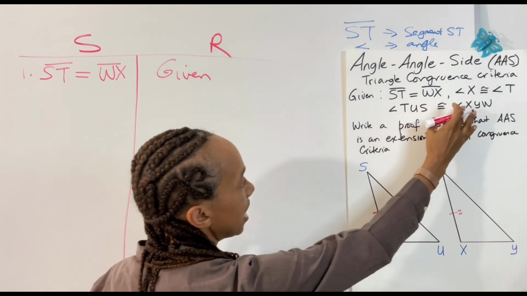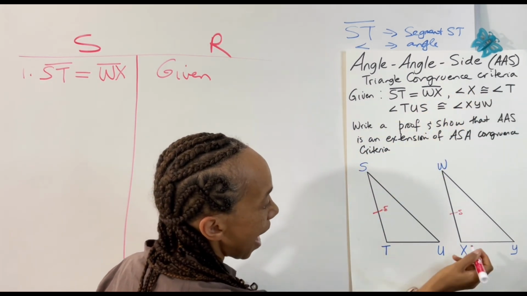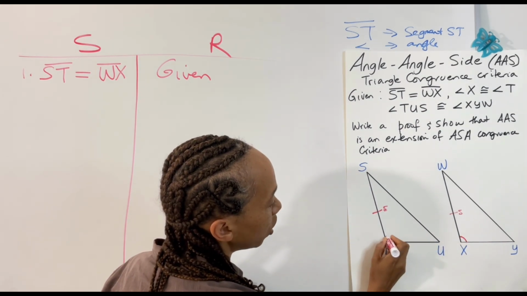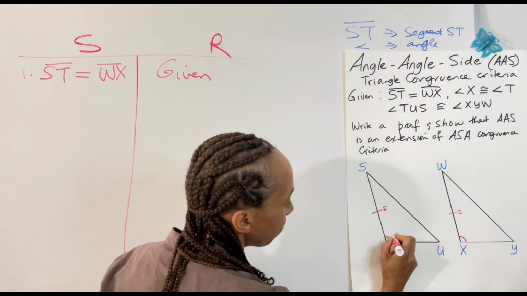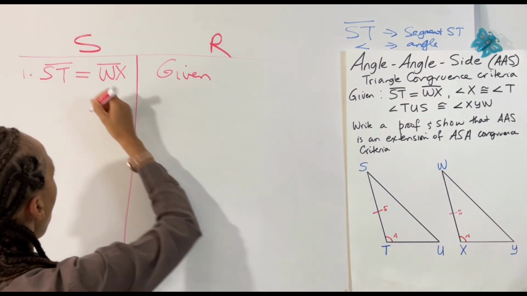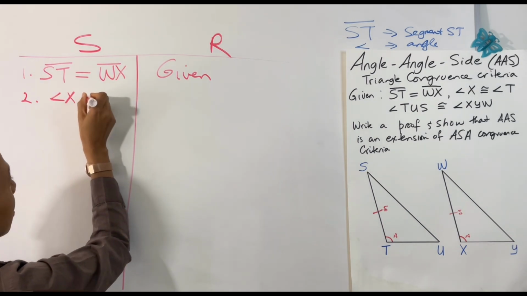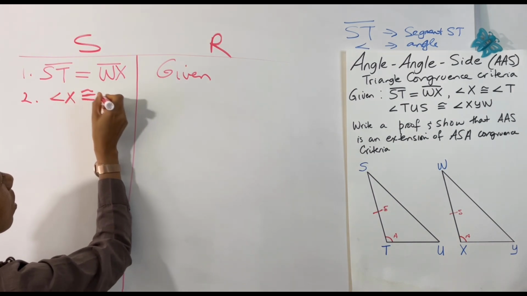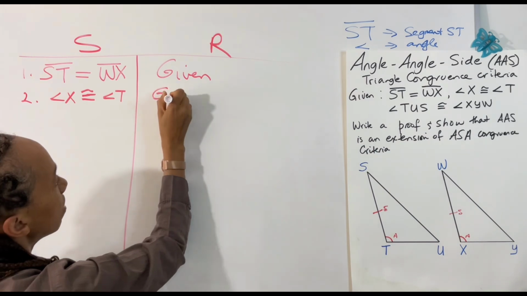The next given is that angle X is congruent to angle T. So angle X is right here, and it's going to be congruent to angle T. So you put an arc there to show, and you put the letter A right there. And now you also write that given. So angle X is going to be congruent to angle T, and that's your given.